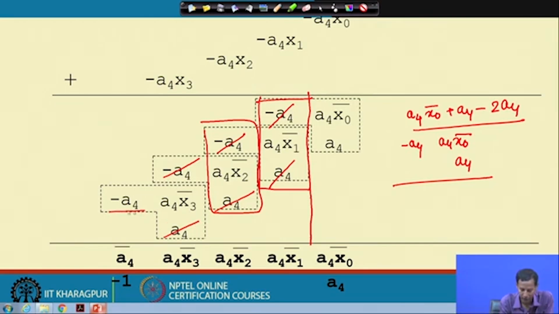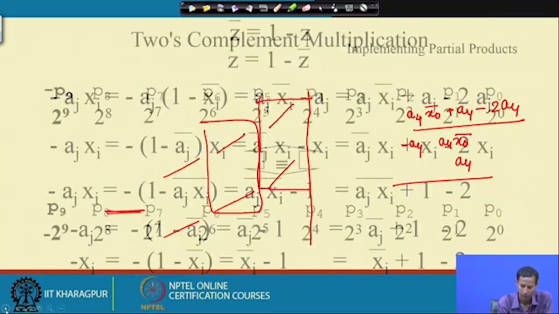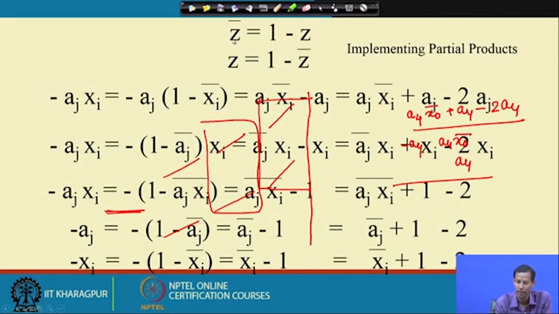And for this, minus a4. So minus a4 can be written as a4 bar minus 1, because of that equation z bar equals 1 minus z, or z equals 1 minus z bar.